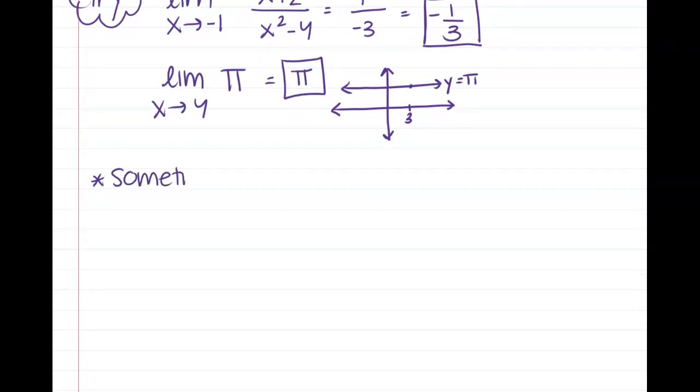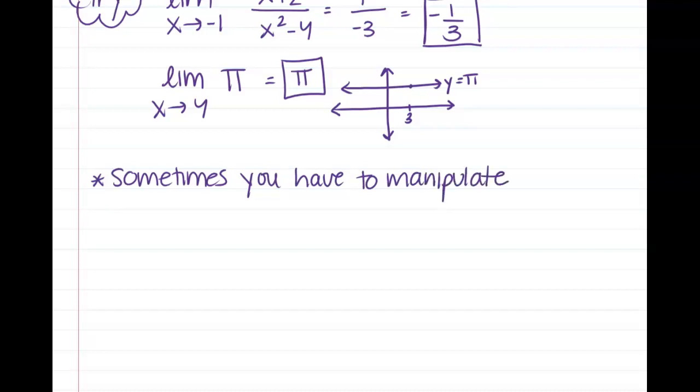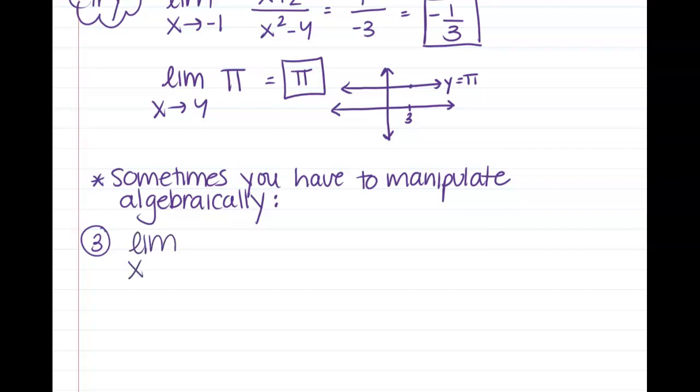Sometimes you have to manipulate algebraically in order to find the limit. So you have to make it look different. So for our third example, the limit as x approaches 0 of 1 over x squared.